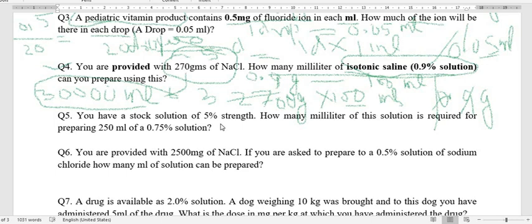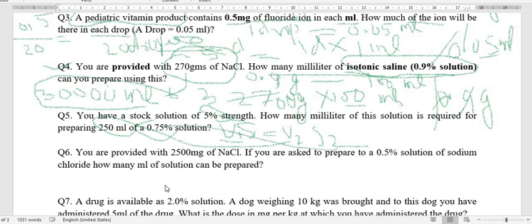So you simply apply the dilution formula: S1 V1 equals S2 V2. Here S1 is 5%, and V1 is the stock solution in ml. V2 is 250 ml, and its strength S2 is 0.7%. So you have to calculate this way.